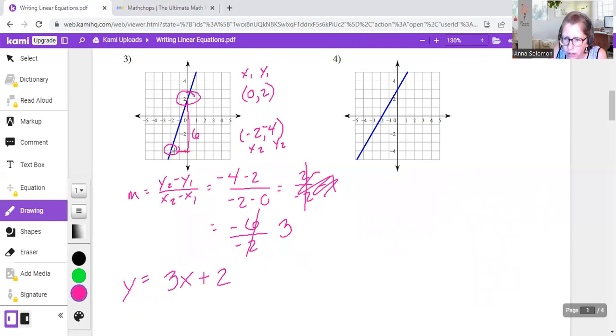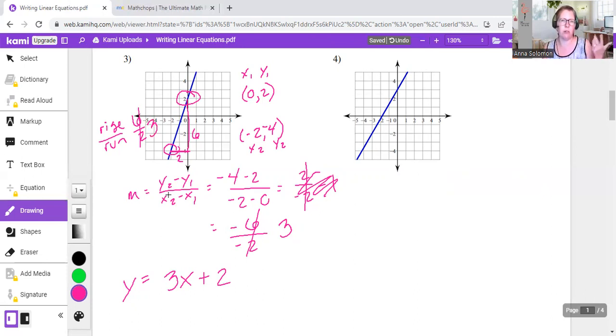And then the run started at 0 and ran over 2. The distance is 2 there. So my rise over run is 6 over 2. So that simplifies down to 3. All right. So I can do it that way too.